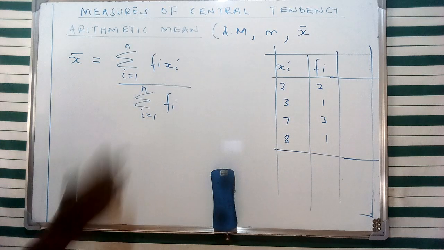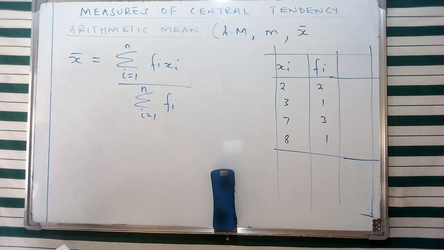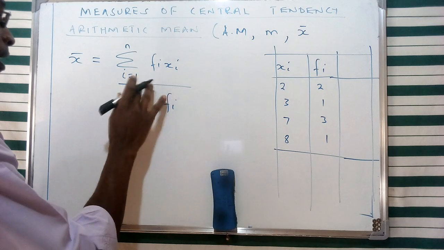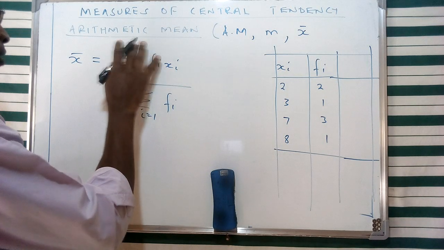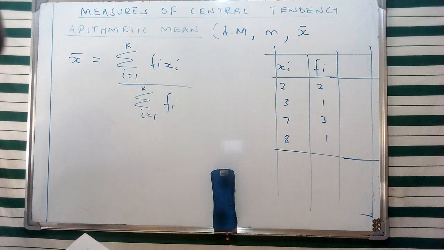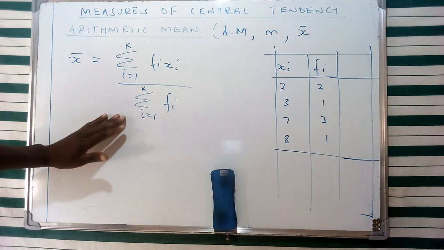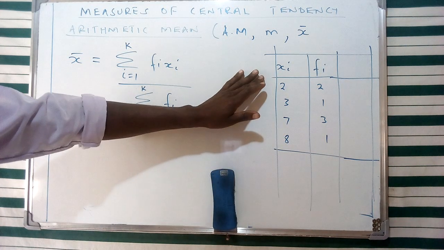And in this case, we are going to take the number of these specific classes given in terms of k. Now, for our frequency distribution, we're going to have this given in terms of k.